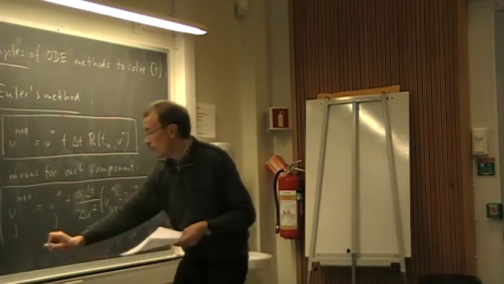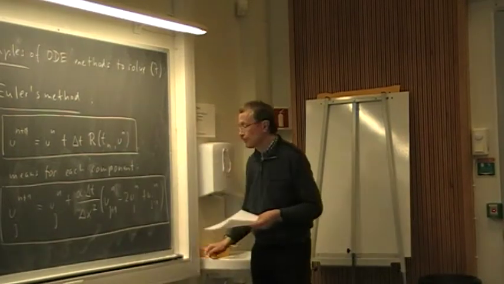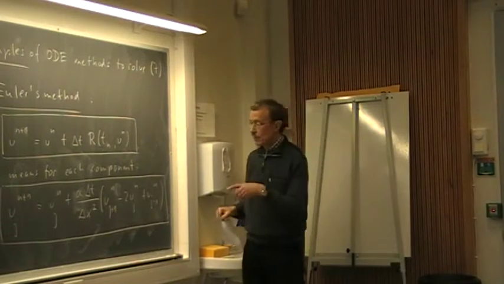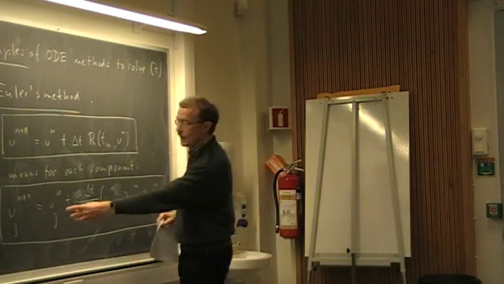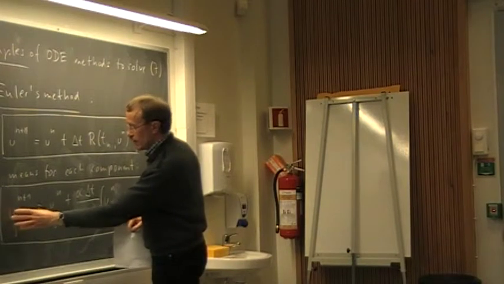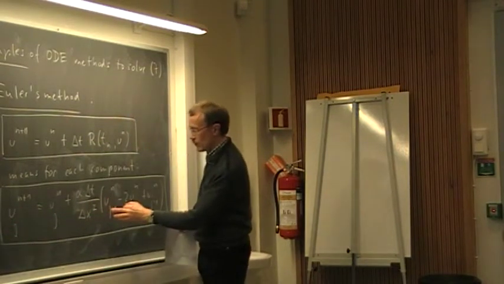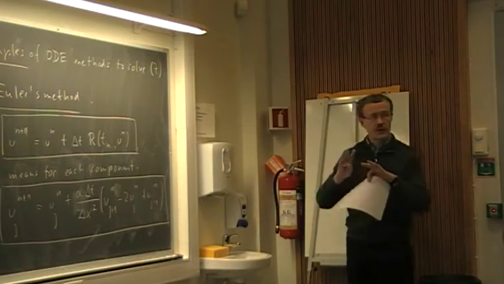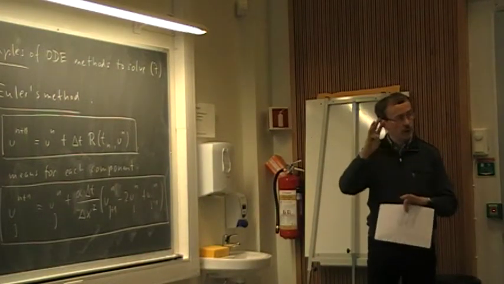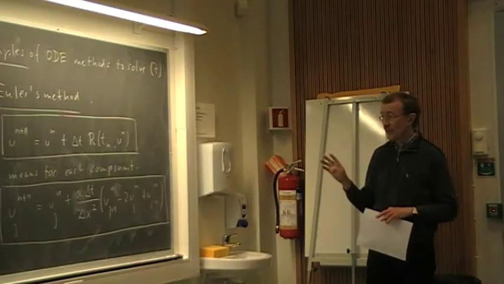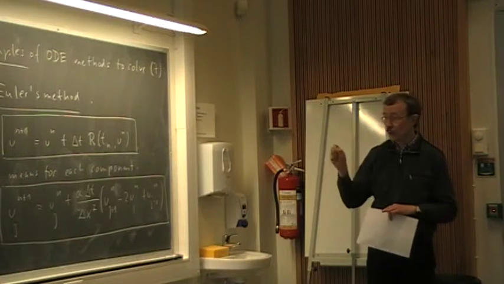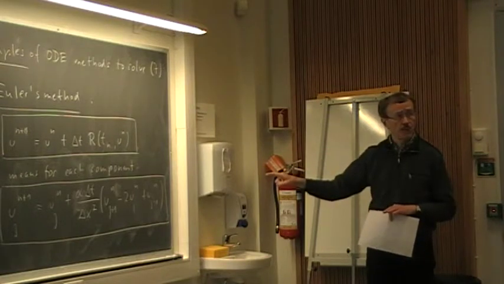But we should be careful, because we should not overwrite the solution immediately, because this here depends also on neighbors, and so we should really carefully distinguish the new and the old time level. If we do that with vectors, the likeliness of doing errors is low. But if you do it component-wise in this way, there's a chance of doing errors.